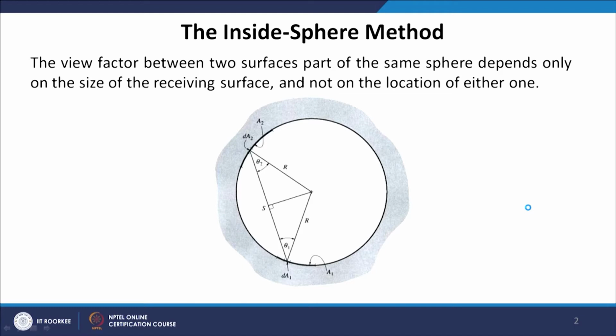We will start with a small element area dA1 on surface A1 and take a small element surface area dA2 on surface A2. The angle between the line joining dA1 and dA2 and the line joining them with the center of the sphere gives you an angle for these two surfaces. Theta 1 is the angle of dA1 and theta 2 is the angle of dA2.